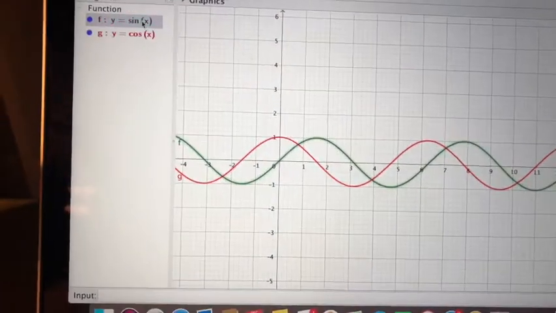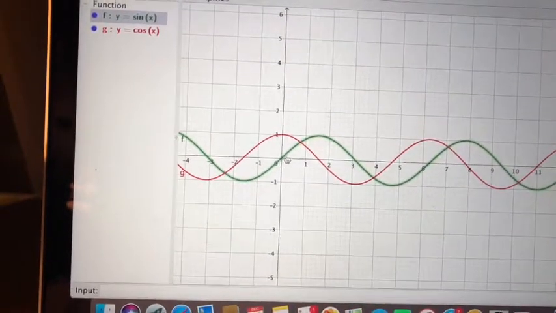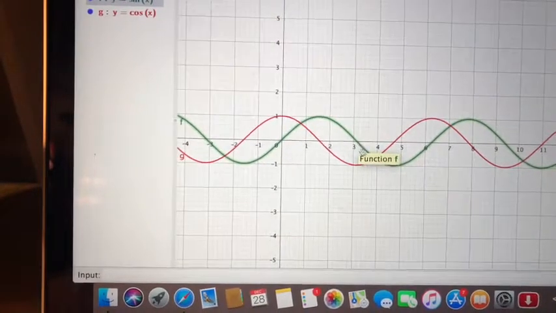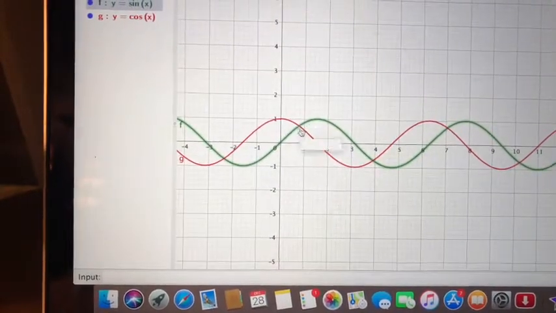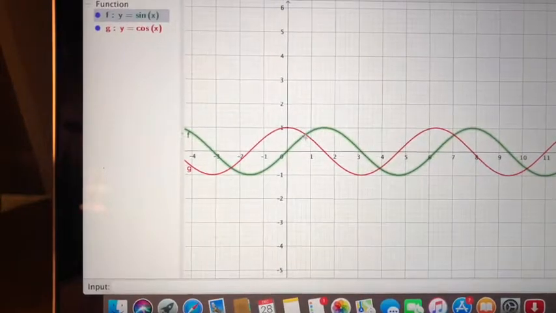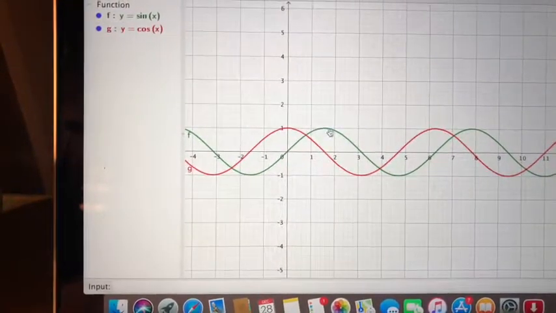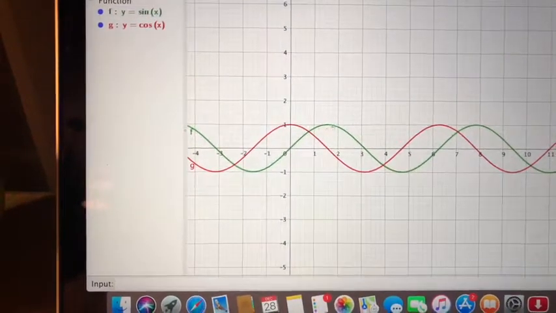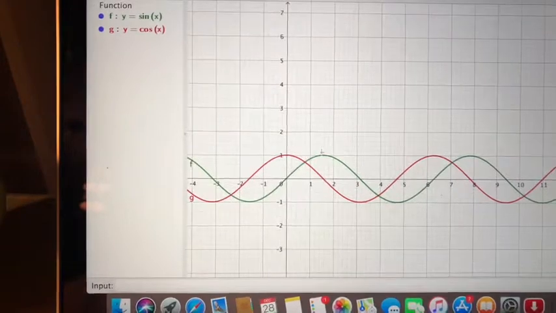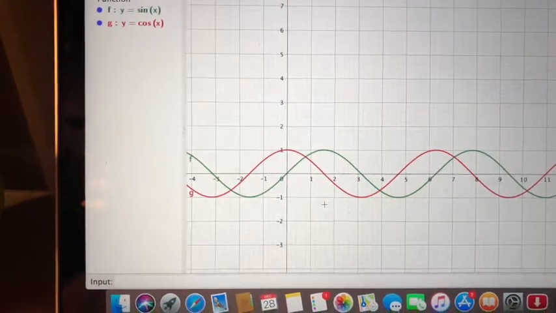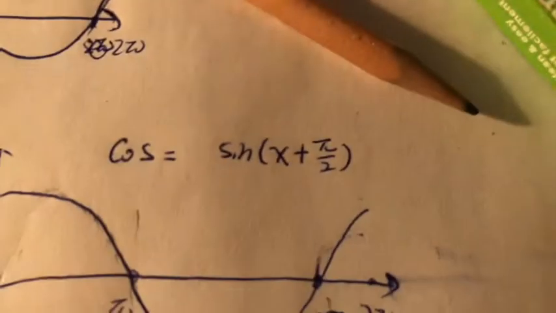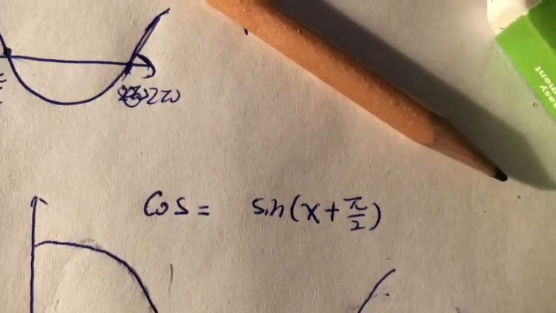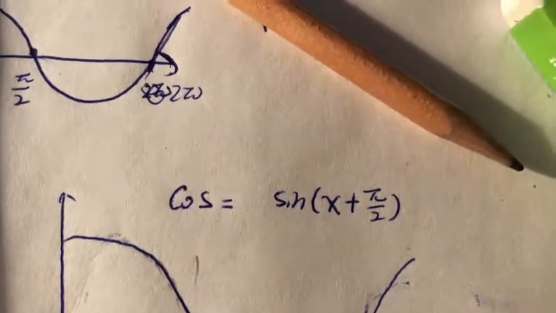Just like I said, this is a sine function from 0 to pi over 2 and finishing one cycle at 2 pi. The red one is a cosine function, right? If we shift this function to here, it will be the same, okay? This point is pi over 2. That's why we can write this function, because this is the transformation of the function.